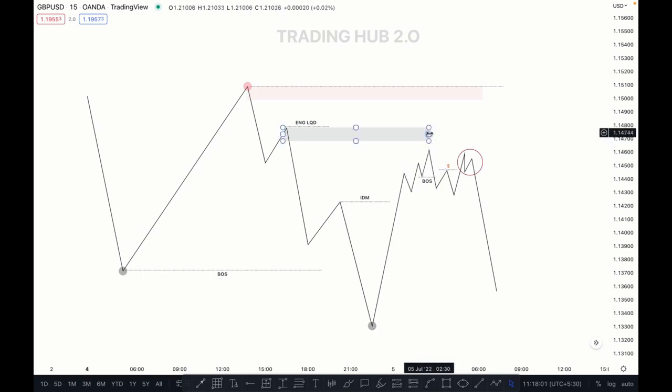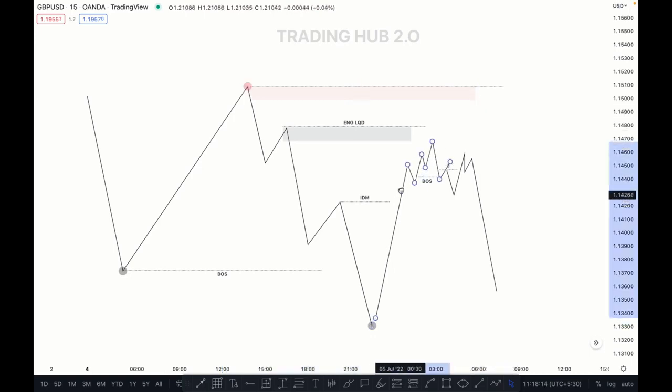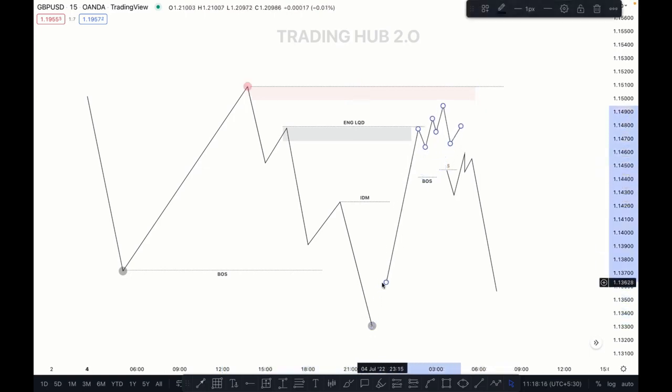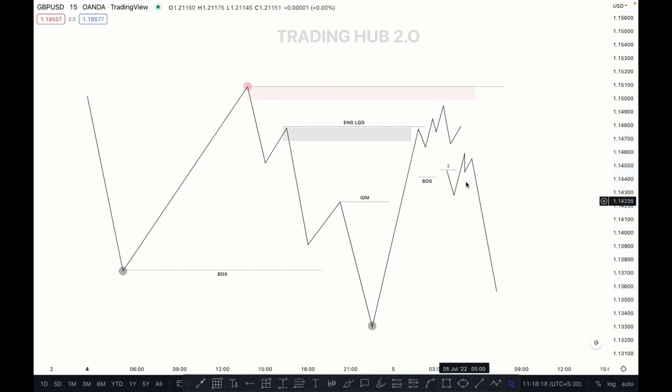The same thing applies here. After taking out this high, which is here, where the engineering liquidity is, if the market wants to go downside and the supply zone is here, then what criteria should you follow? The same thing will apply here, like this, correct?